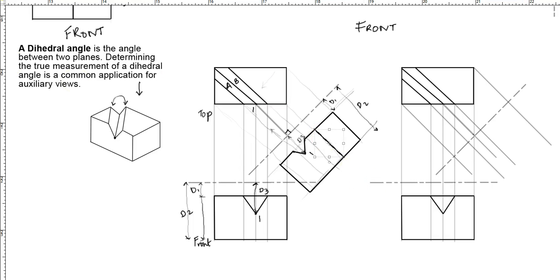Okay, so what we did over here is successfully made an auxiliary view to get the perfect angle between plane A and plane B, which is called a dihedral angle. I can name this as auxiliary view.